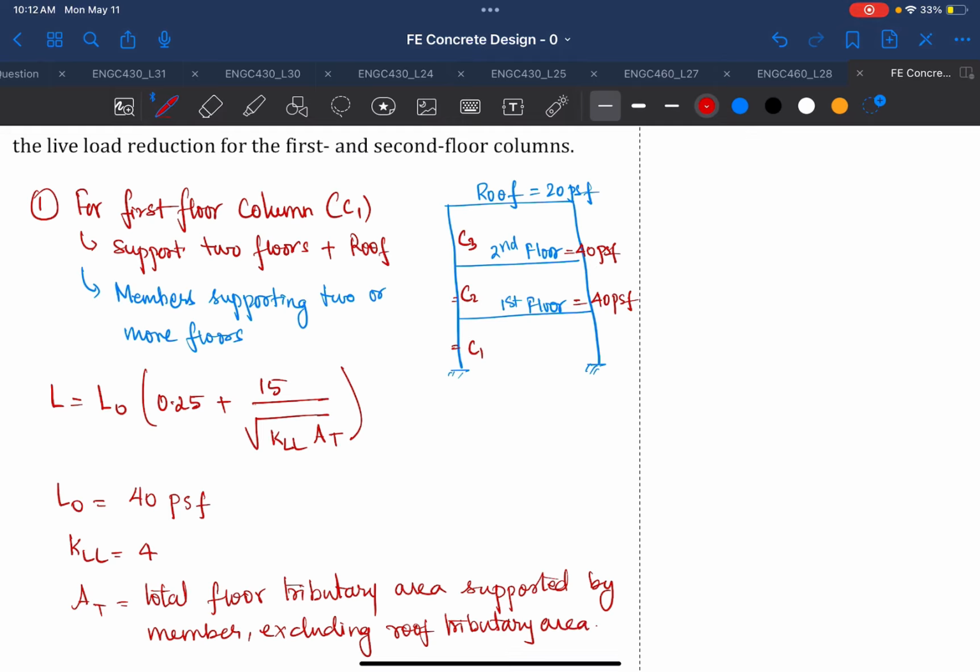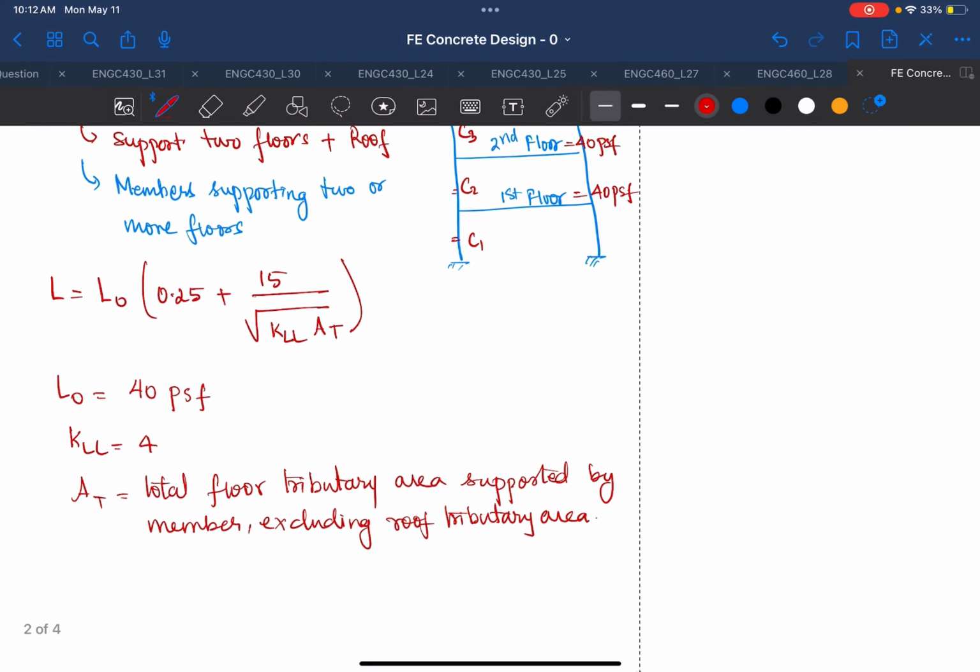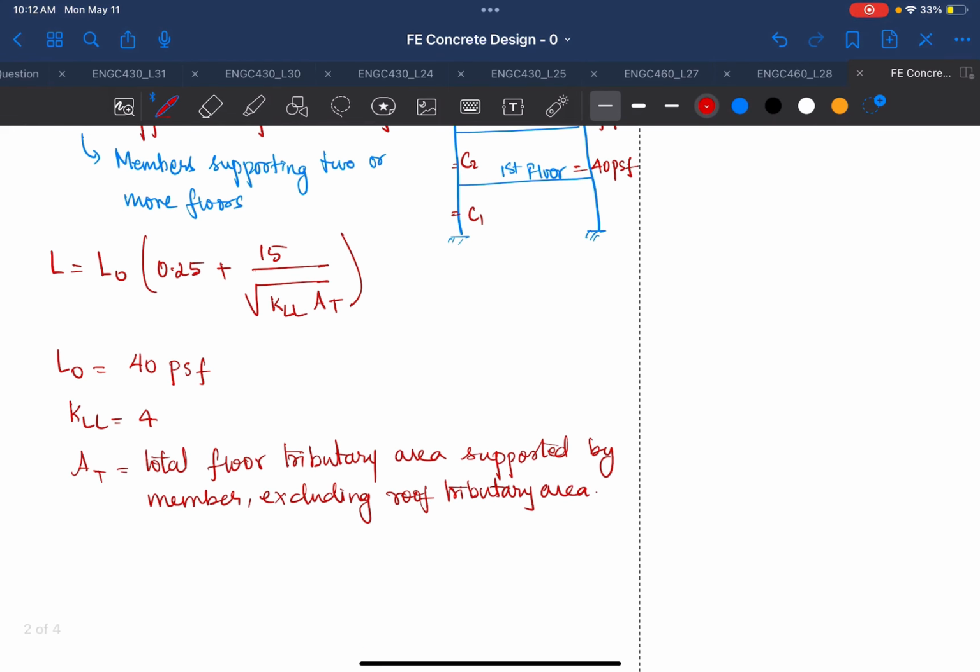Roof live load has a different calculation, but your FE manual only focuses on floor live load reduction. Okay, so in this case, what will be your A_T? Because this member C1 supports 2 floors, the first floor and the second floor, and each floor's tributary area is 400 square feet, your A_T will be 2 times 400. That will be 800 square feet.